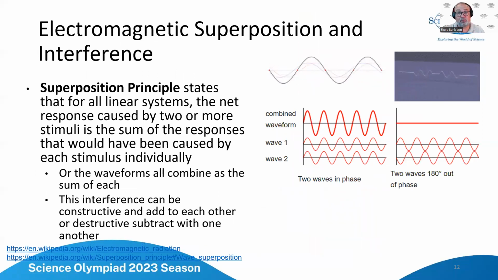So let's talk about superposition and interference. So what that says is basically for linear systems like waves, they add and or subtract. So if I look up above, I have the red and the blue waves, okay? And you'll notice that sometimes they add and sometimes they subtract.